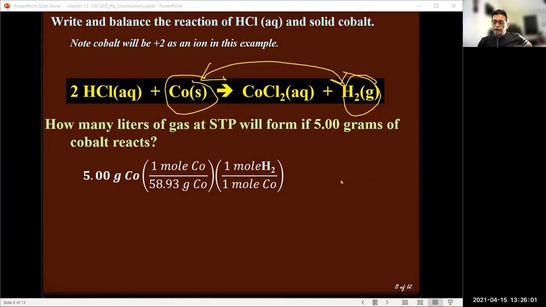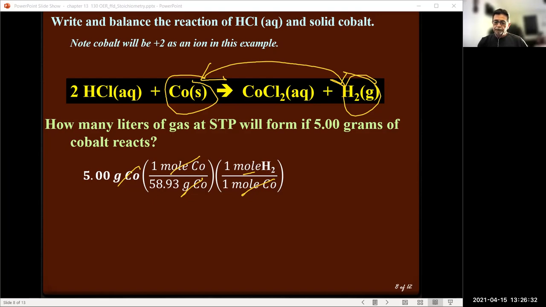So that stoichiometric relationship is a 1-to-1. Keep putting my units in there, because it shows me I'm going in the right direction. Grams of cobalt cancel, moles of cobalt cancel, and I'm now in moles of hydrogen.